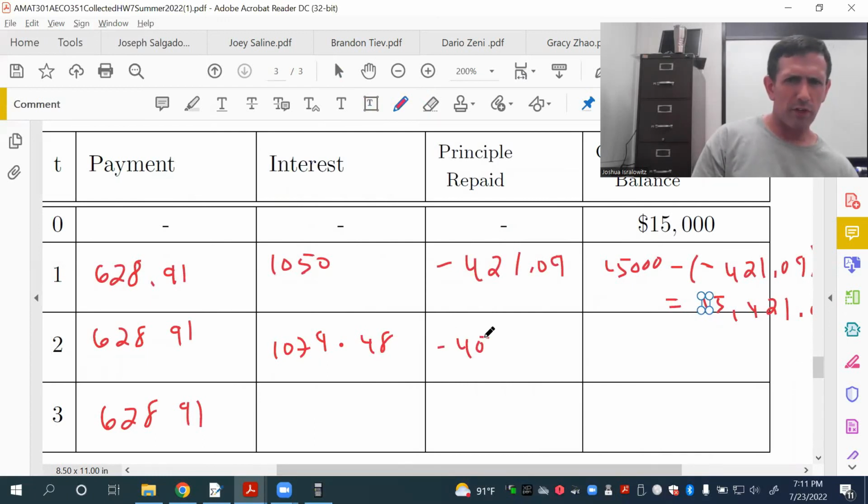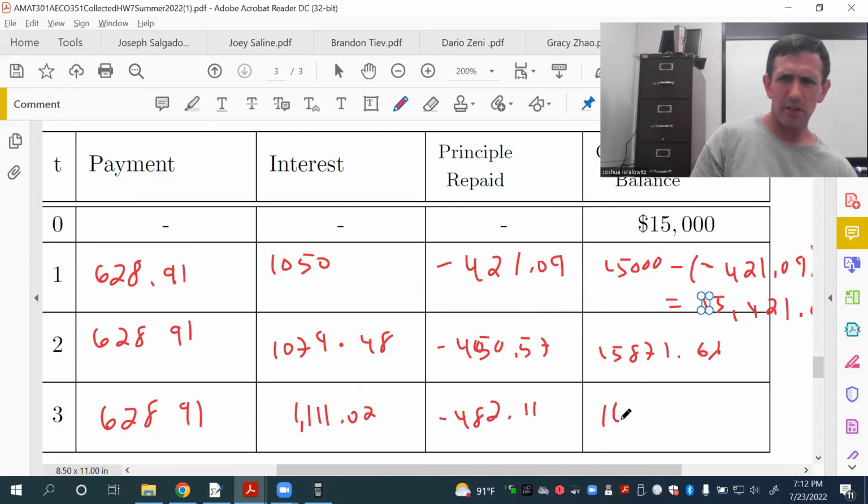Minus 450.57, 15,871.66. 7% of that is roughly 1111.02. 42.11, 16.3.